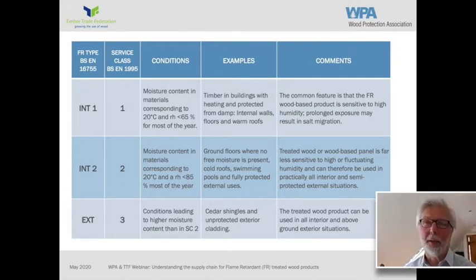And then an exterior classification, which is suitable, for example, for cladding without a coating for an extended period of time. So that classification of durability is also important, and you need to specify both the Euroclass and the durability class to have a full product specification.